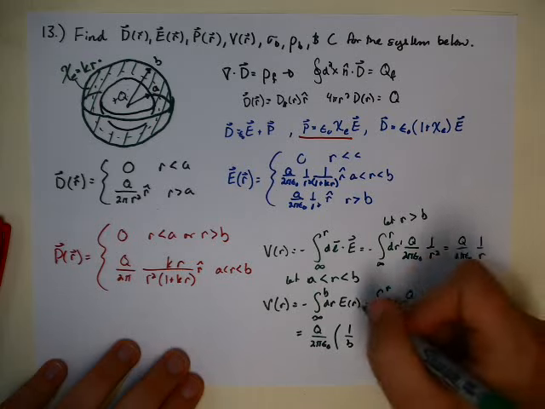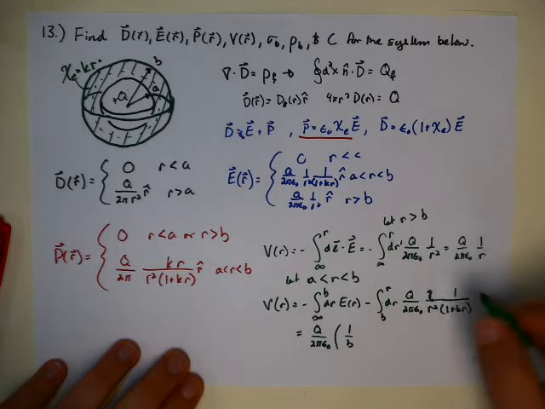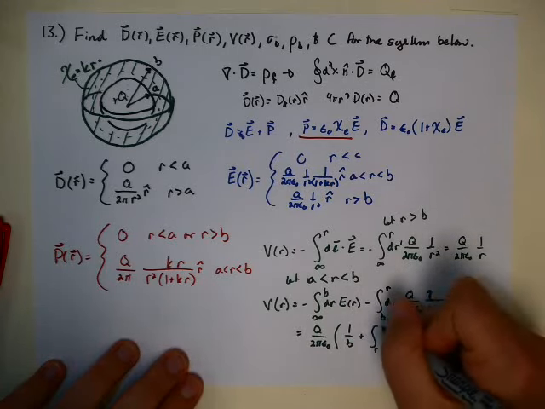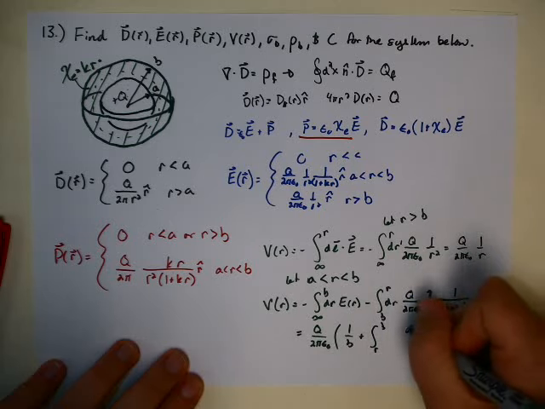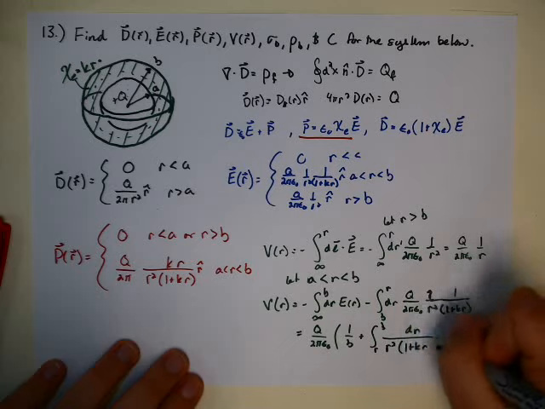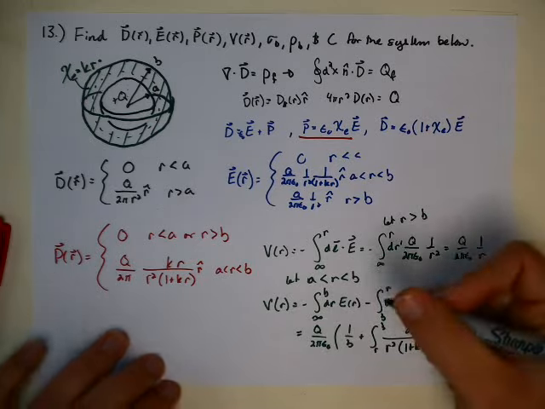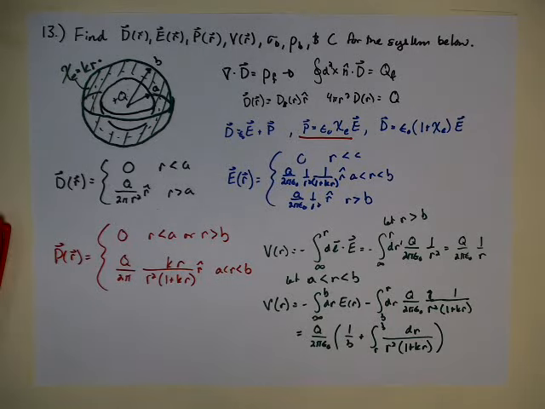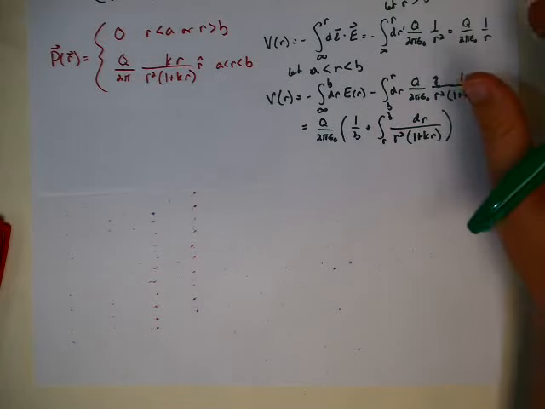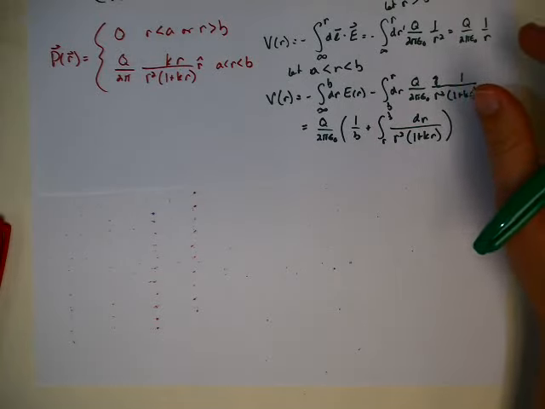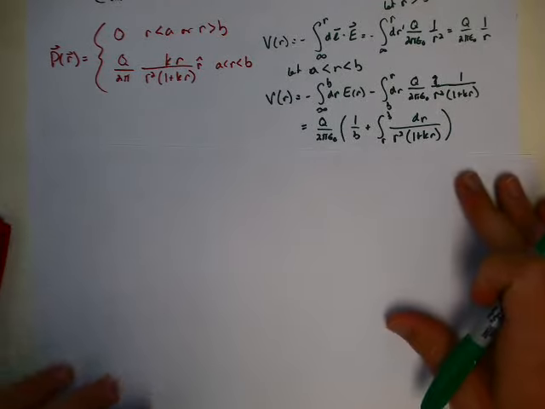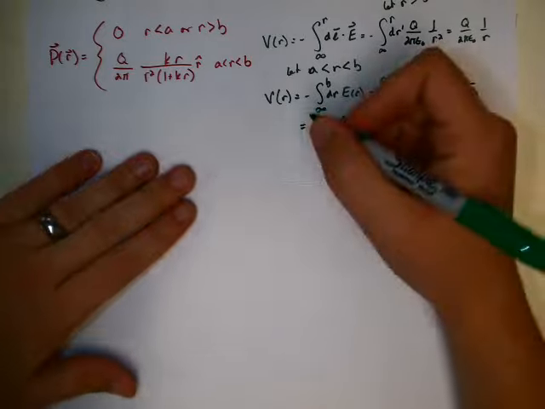That's this first term, factored out the q over 2 pi epsilon naught, and this will then be plus the integral from r to b, dr over r squared, 1 plus kr. Now I'm just going to go ahead and leave this in the integral form because I don't feel like evaluating that integral. But there's no difficulty in doing that in principle. It's just not a trivial integral, and so I'm not going to bother evaluating it.